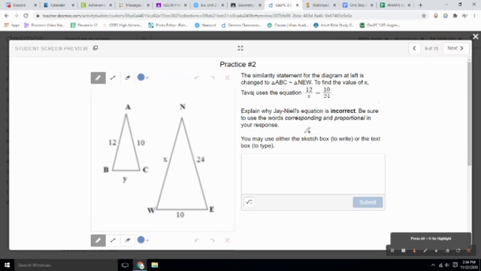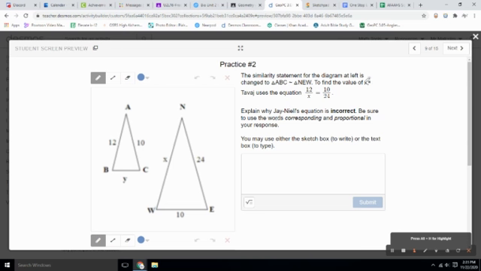Okay. The similarity statement for the diagram at the left has changed. Notice this one has changed to ABC is similar to NEW.